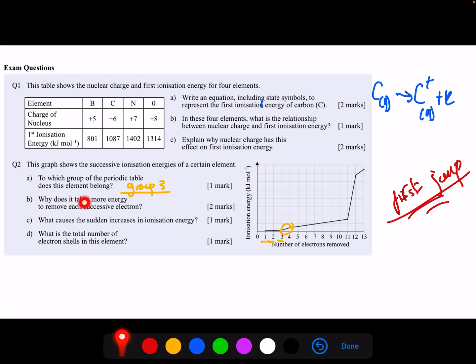Why does it take more energy to remove each successive electron? 2 marks. So I need to talk definitely about removing an electron. Each time you're removing an electron from an increasingly positive ion, the ion would have much more positive charge compared to the number of electrons left. So that's the first reason: you're removing an electron from an increasingly positive ion.